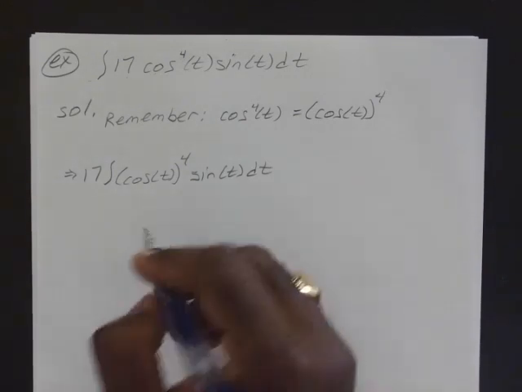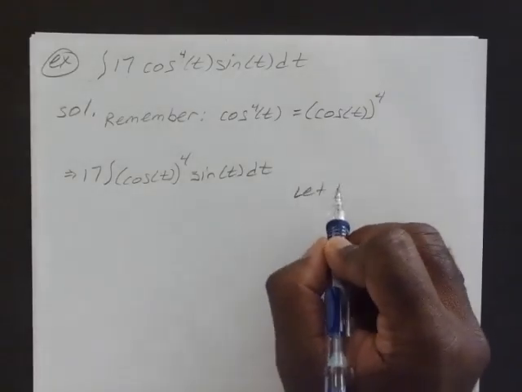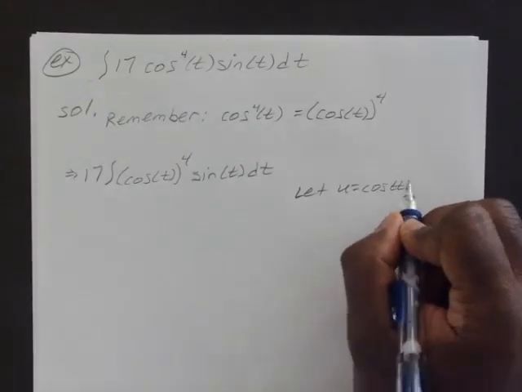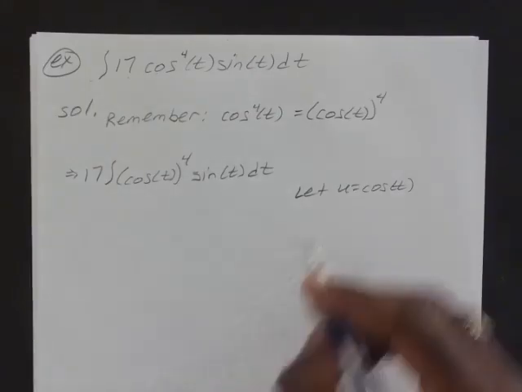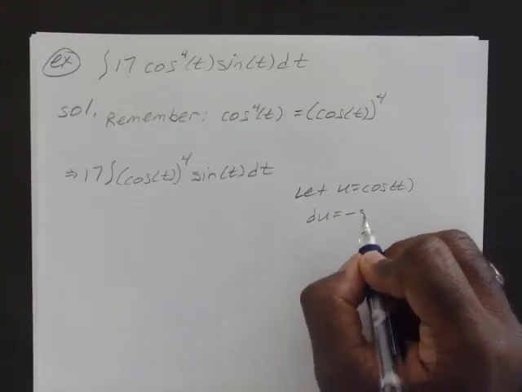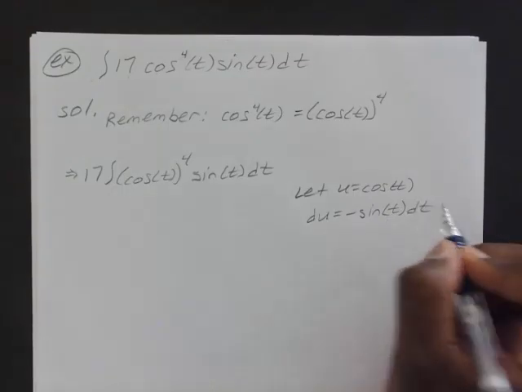Okay, so now we can just let u equal cosine of t. And the derivative of cosine is negative sine, so that's negative sine of t dt.